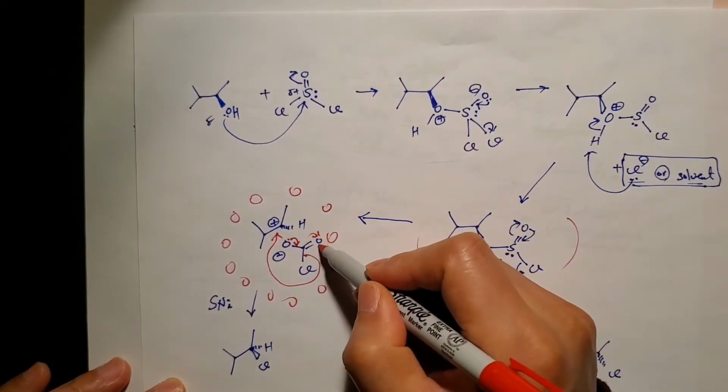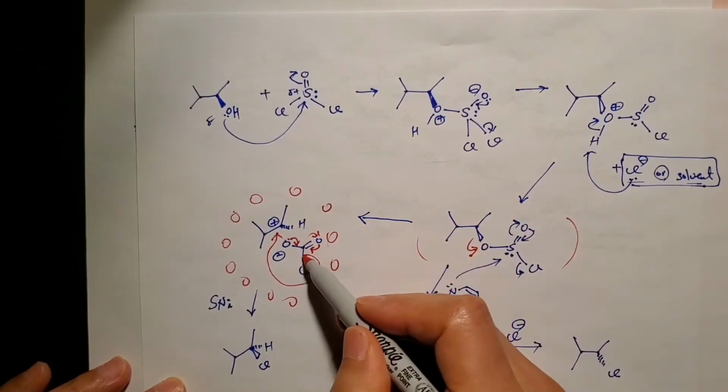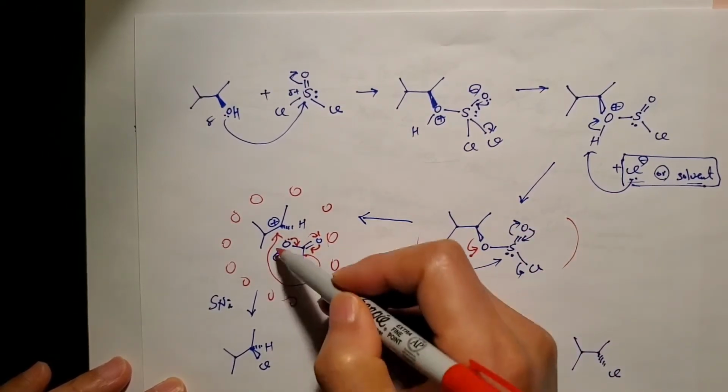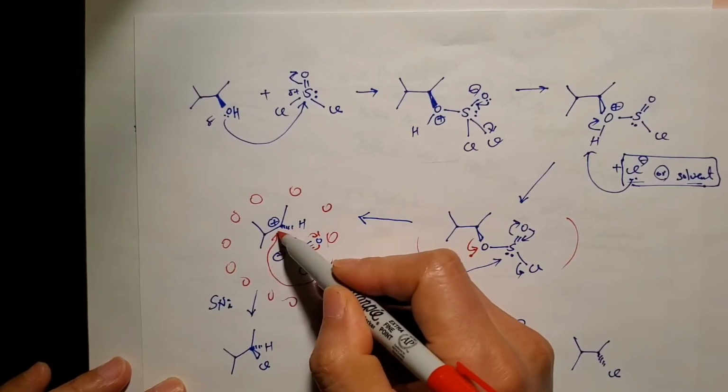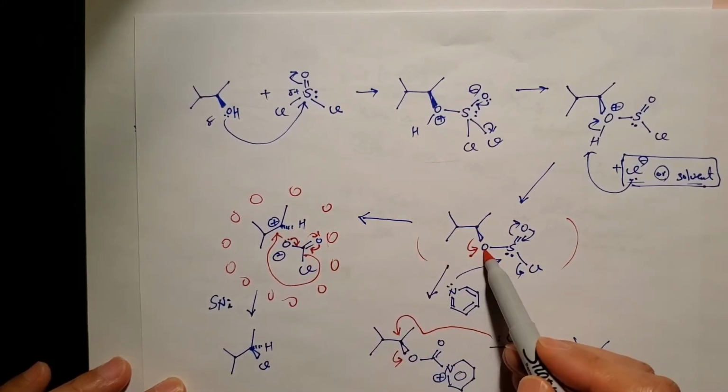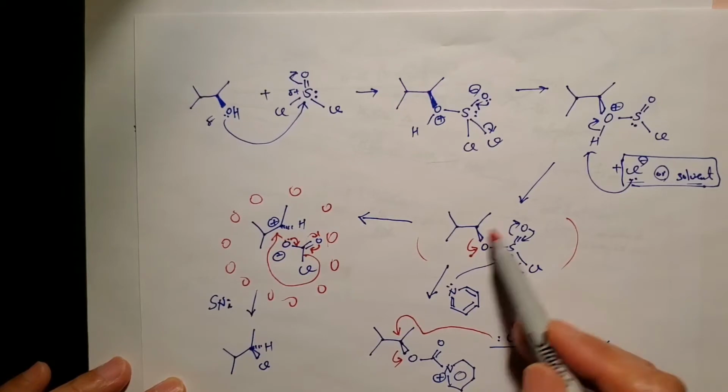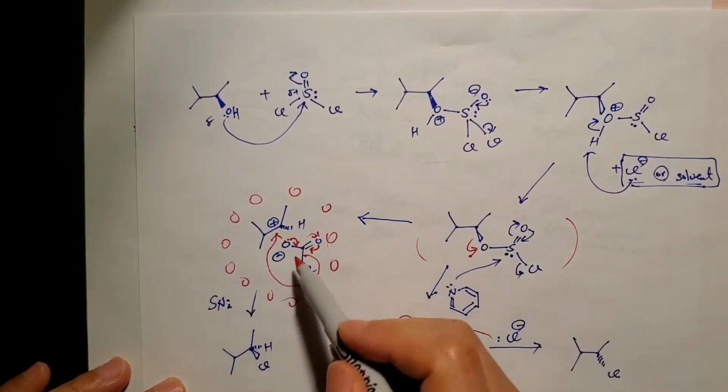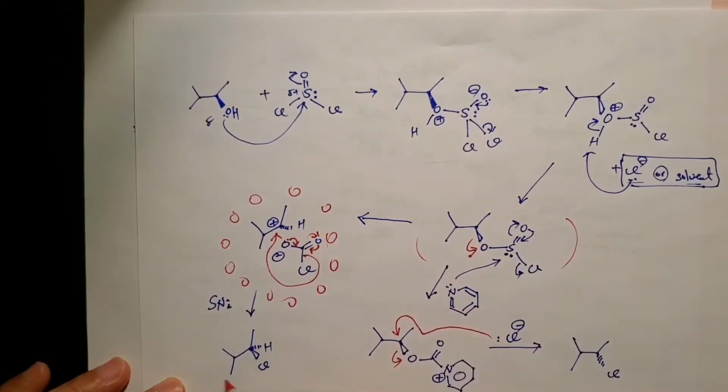So while it stays like this briefly inside of the cage, the base is attacking the acidic carbon, and this breaks up, but it comes back down. Then the chloride breaks off and attacks from the same face where the thionyl chloride unit was. So the stereochemistry is actually the same.